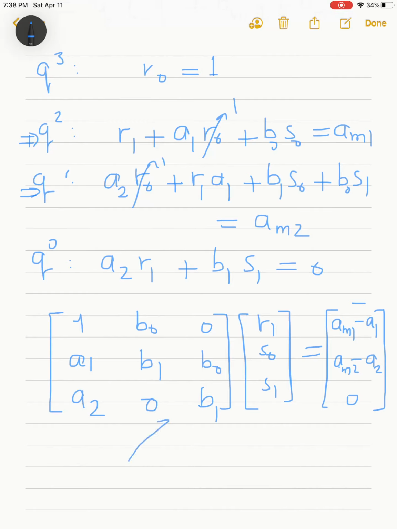Actually, the structure of this matrix seems to take some pattern. You can notice that, and it's called the Sylvester matrix. There are some programs actually to construct such a matrix, which typically appears when we solve the Diophantine equation.